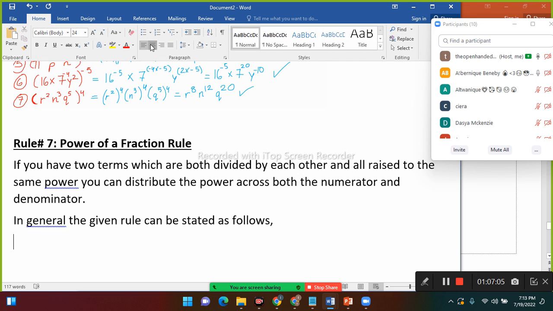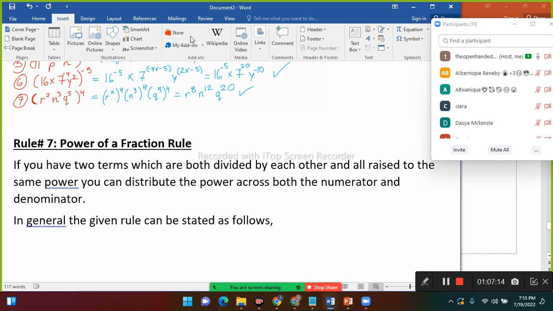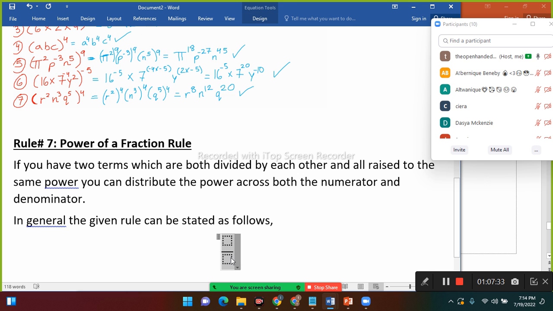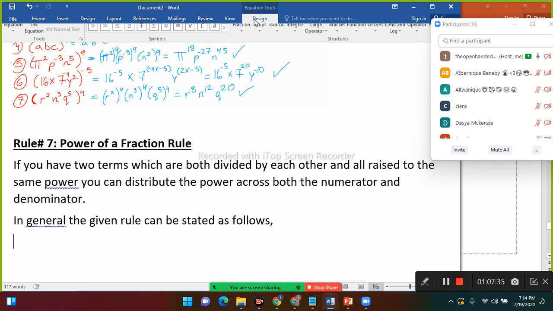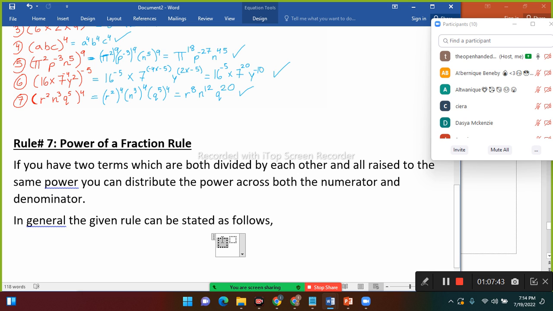Let's state the rule in general. We need our fraction bar, but even before that we need to put our power, because this is not just about the fraction bar but also the power involved.